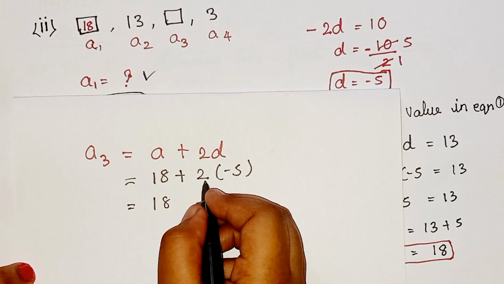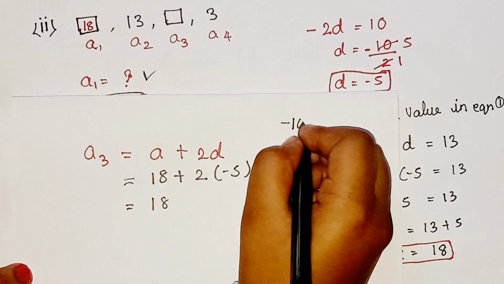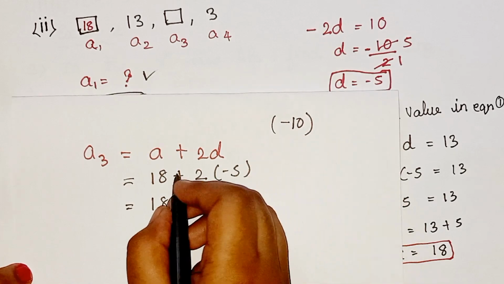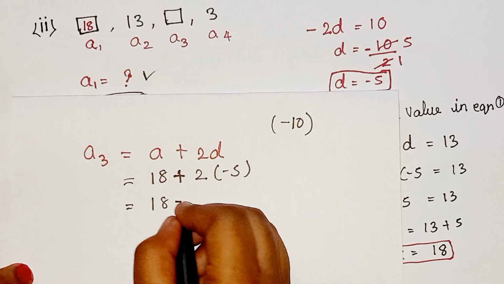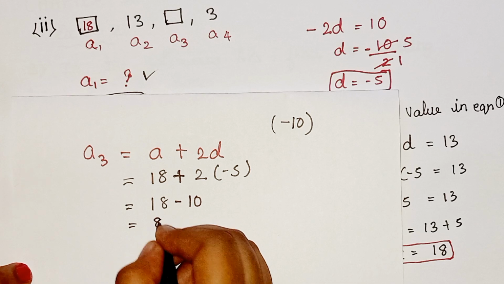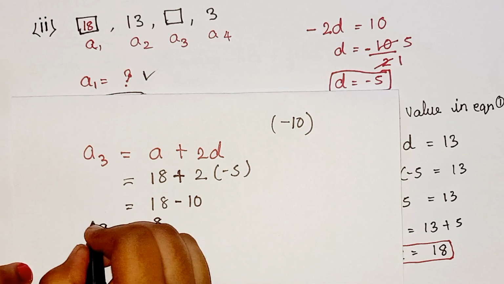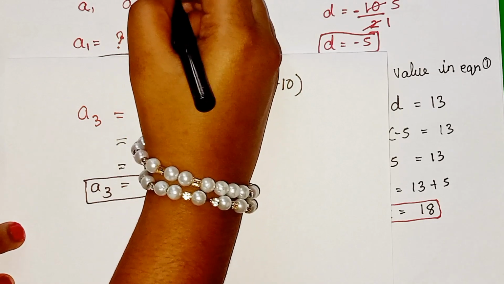So here 5 into 2 is 10. So here we have minus, so we'll get minus 10. Okay, and then since we have plus outside, plus into minus is minus, so minus 10. It is equal to 18 minus 10, which is 8. Okay, so finally I got the a3 value, that is 8. So we can write it 8.